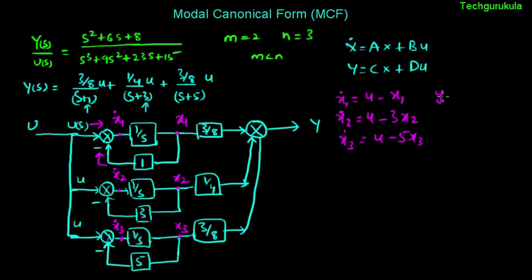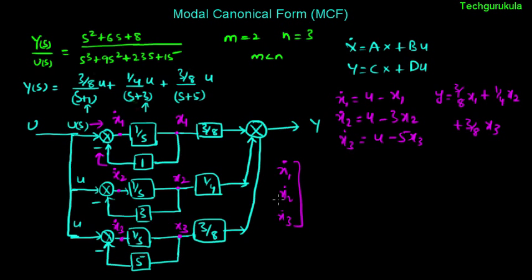The final expression is y equal to 3 by 8 times x1 plus 1 by 4 times x2 plus 3 by 8 times x3, and it doesn't depend on u directly, at least.